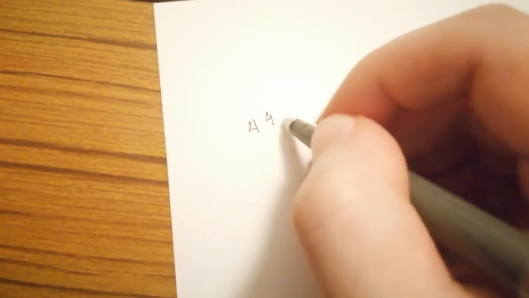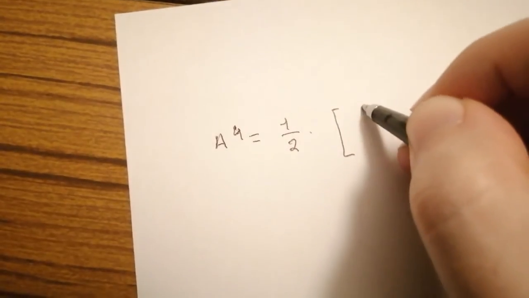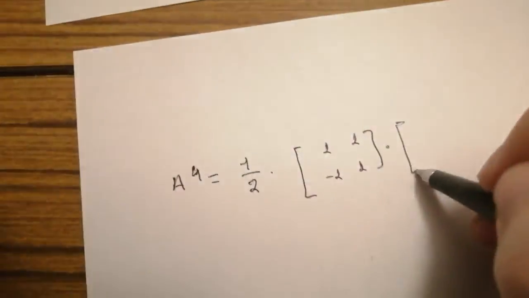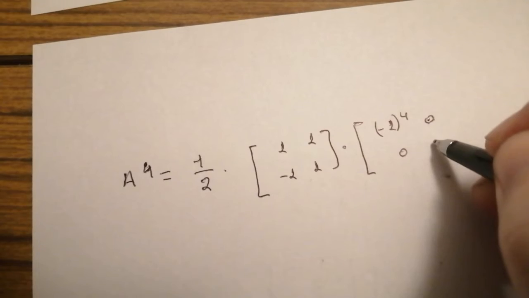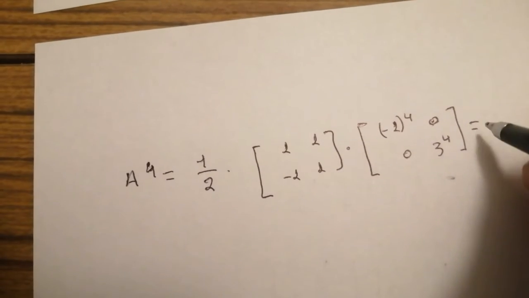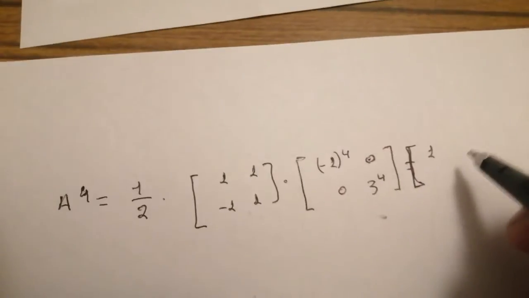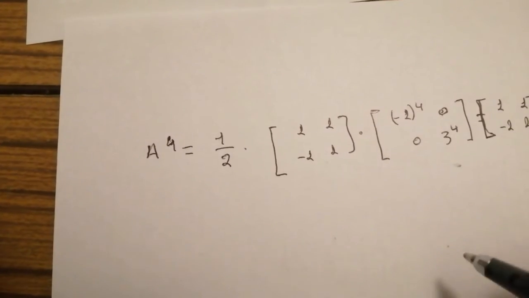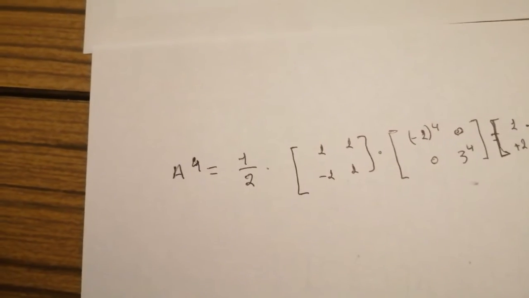Let's go to A to the fourth power. A to the fourth power is 1 over 2 times [1, 1; minus 1, 1] times minus 1 raised to the fourth power and 3 raised to the fourth power, and we multiply with the other matrix, [1, minus 1; 1, 1].